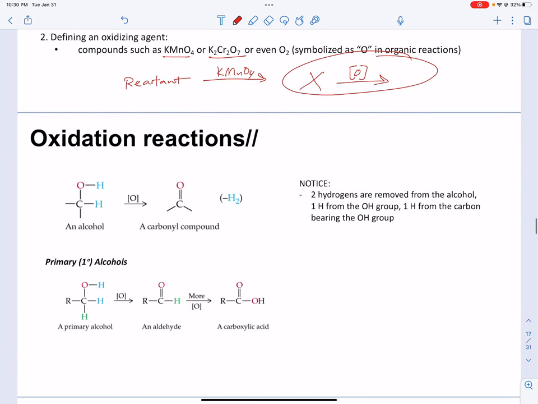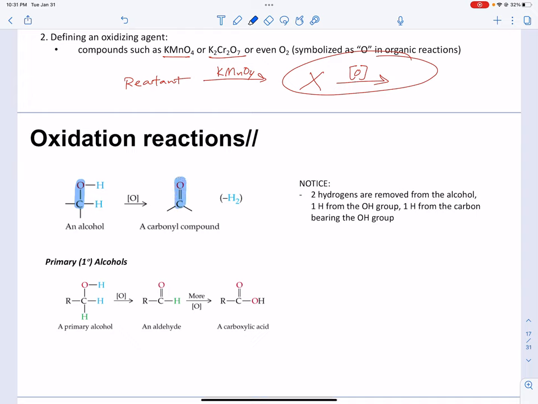But speaking of alcohols, here is our alcohol reactant. You see the OH group bonded to this carbon, and we don't know what kind of carbon it is. We'll talk more about that in a second. Here you see this little O, like I was talking about, indicating some sort of oxidation is going to happen. And then we can recognize that we're going from a carbon-oxygen single bond here to a carbon-oxygen double bond.